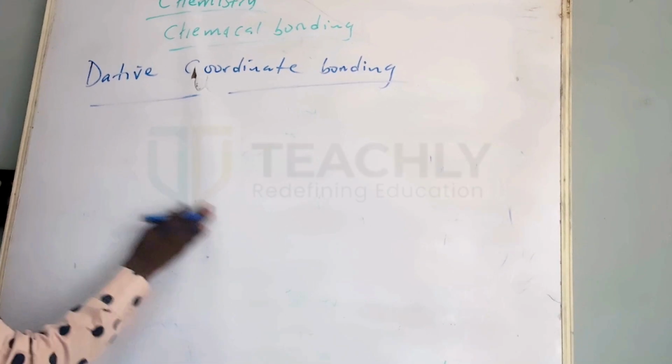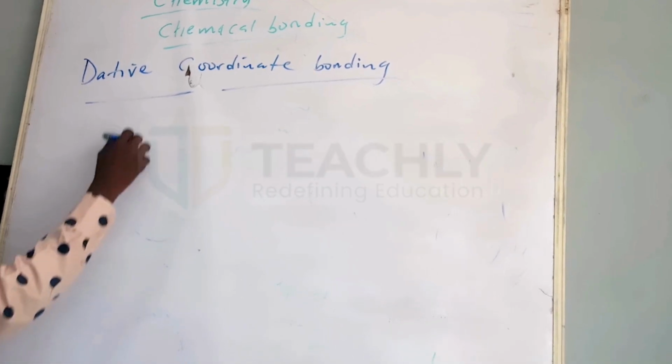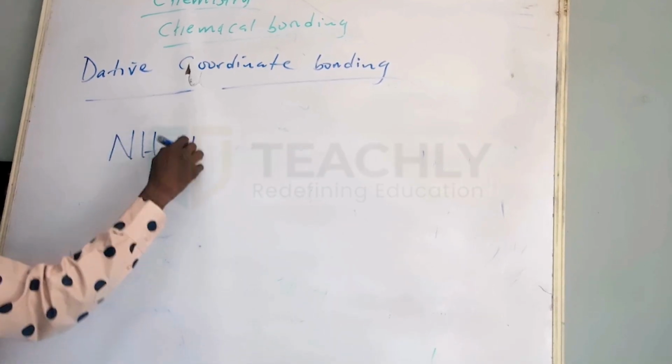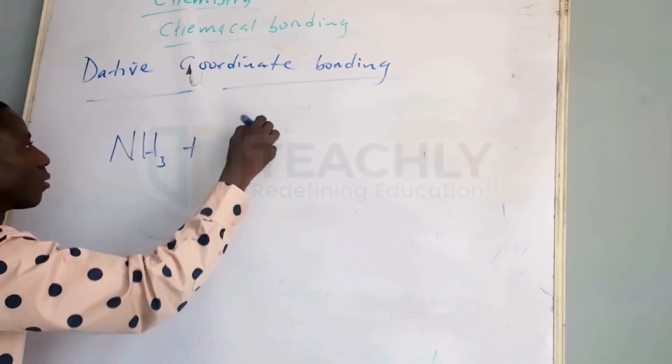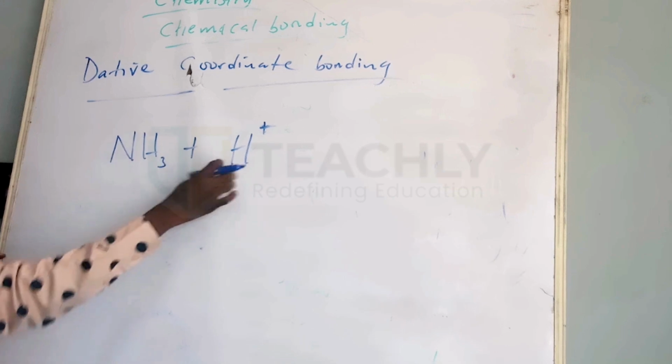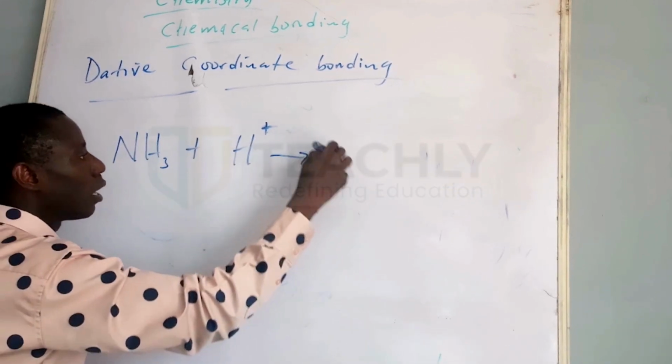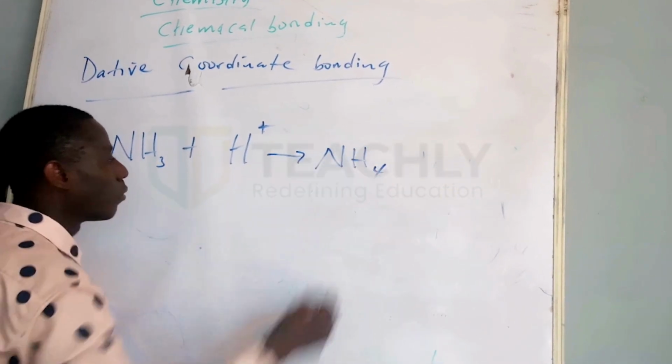For example, let's look at ammonia plus hydrogen ion, to form NH4.